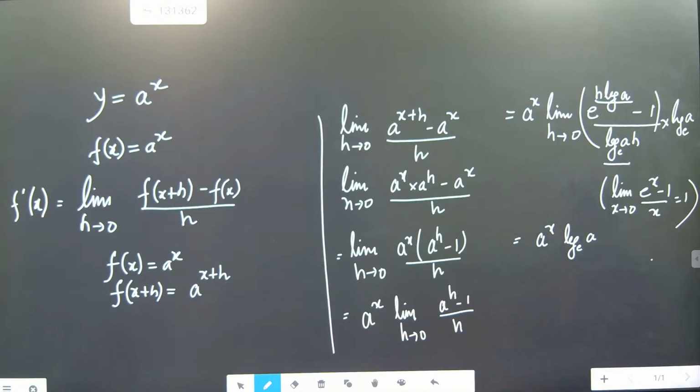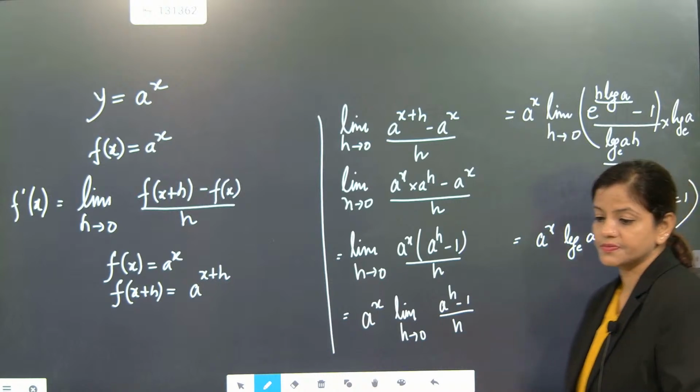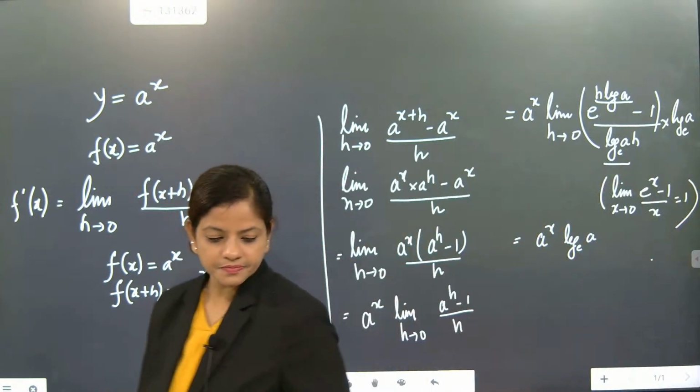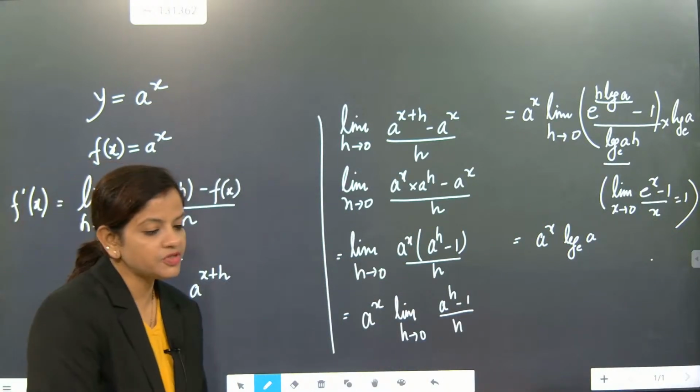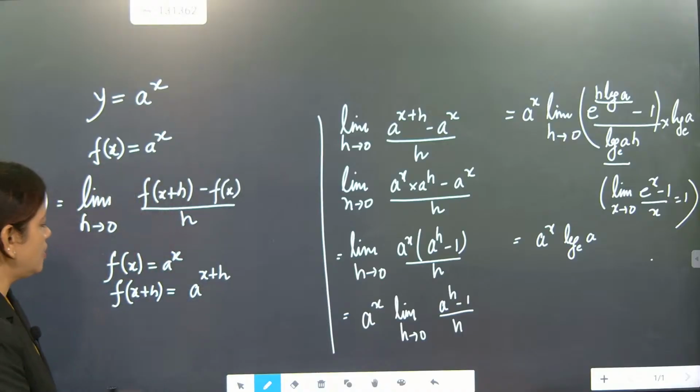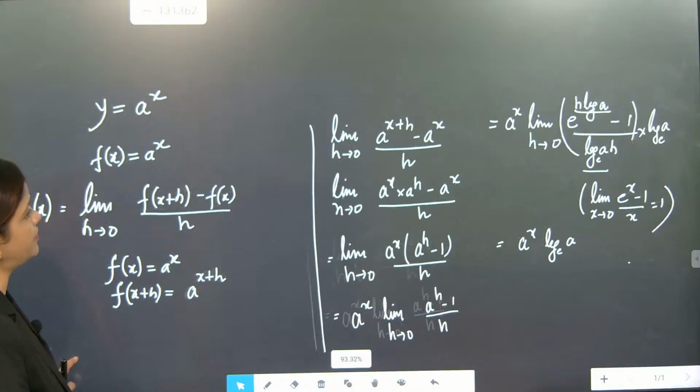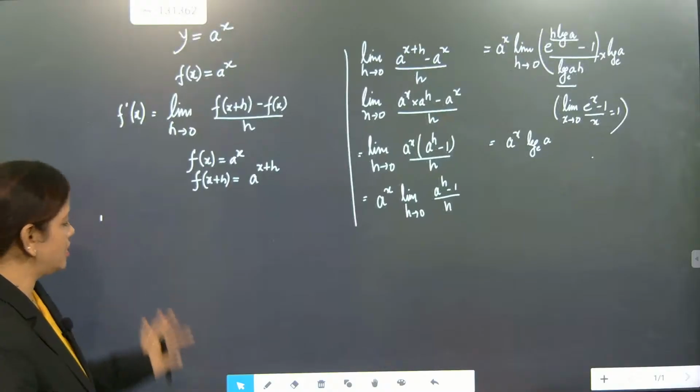I hope you have understood better how to attempt this question. So directly, if somebody gives you differentiation of any constant to the power variable, how are we going to proceed? Check this one out.